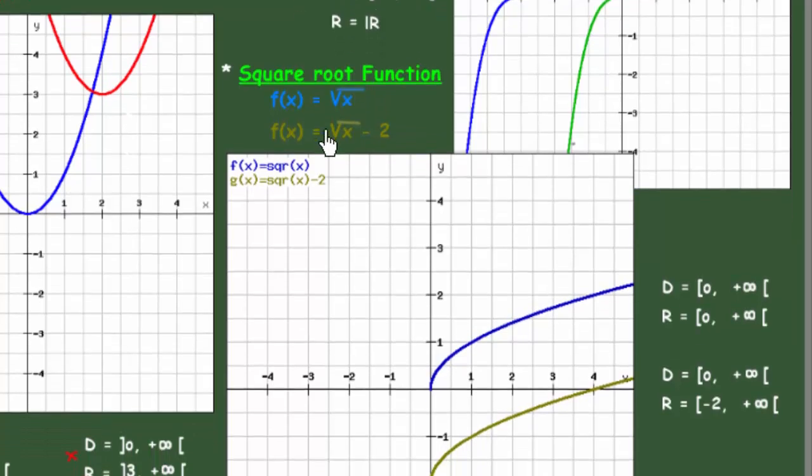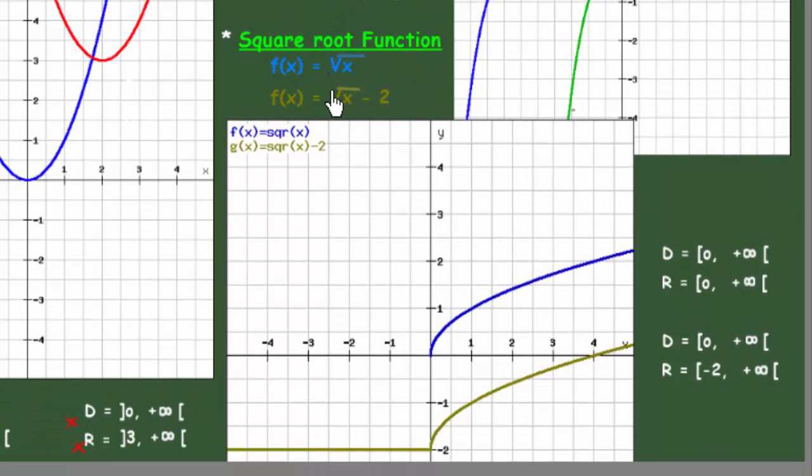The other function is a square root function, f of x equals square root of x, and its transformation is square root of x minus 2. The square root of x is the blue function. Its domain is from 0 to plus infinity. And its transformation, because we have a minus 2 here, means that the function is moved down on the y-axis 2 units.